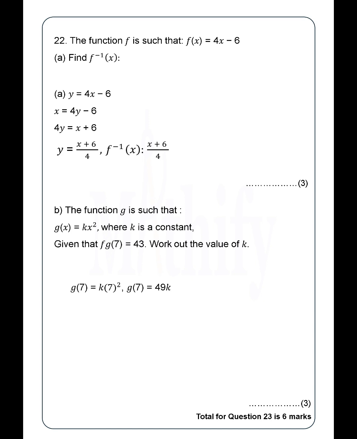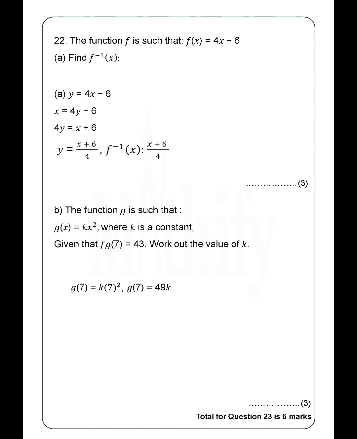Part B, g of x is equal to kx squared, where k is a constant, given that f of g of 7 is equal to 43. Step number 1, work out g of 7. g of 7 is equal to k multiplied by 7 squared. So instead of x, we put 7 squared. So g of 7 is equal to 49k.